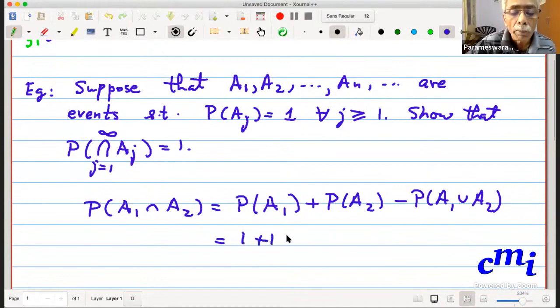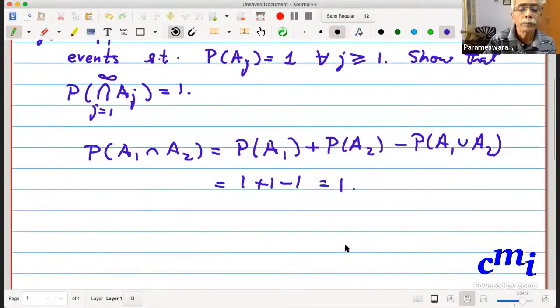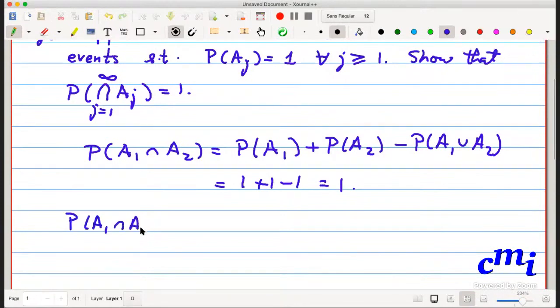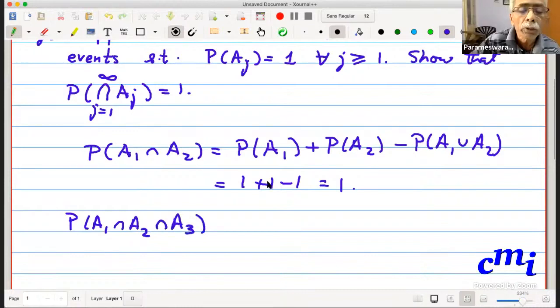Okay. So now you can do three of them: probability of A1 intersection A2 intersection A3. Actually, you can repeat the same argument with A1 intersection A2 thought of as just one single set, and you have already proved this.